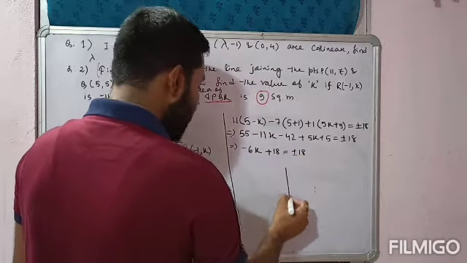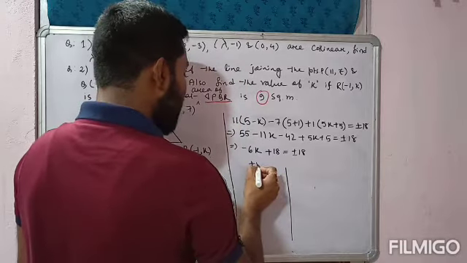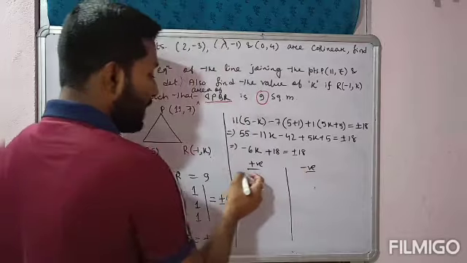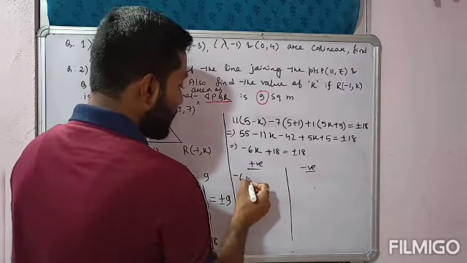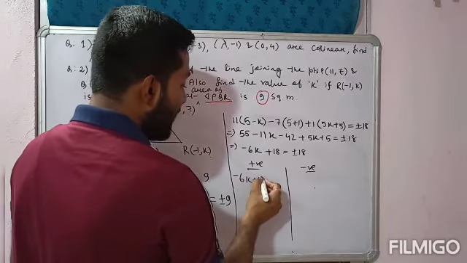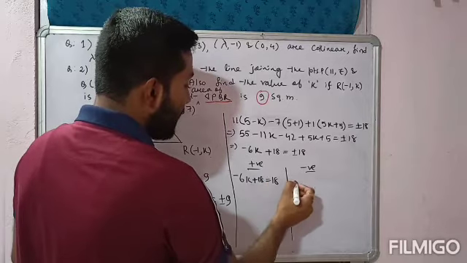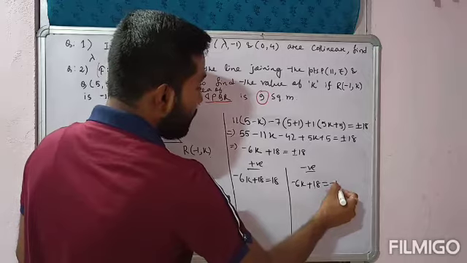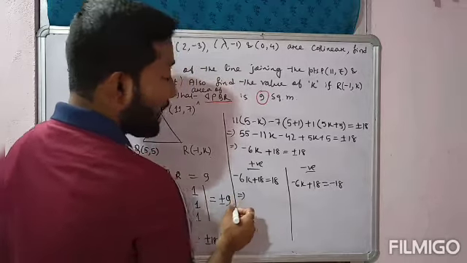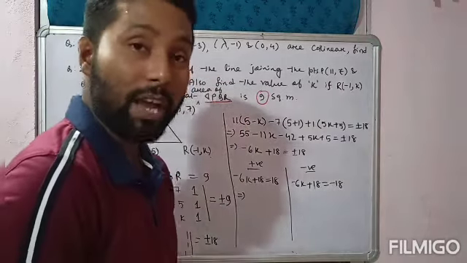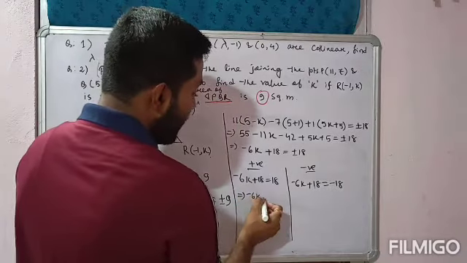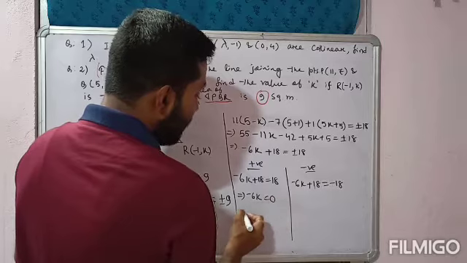Now take one positive value and then one negative value. If I take the positive value, the equation will be minus 6k plus 18 equal to 18, and again minus 6k plus 18 equal to minus 18. You cannot consider only a negative or only a positive value here. You have to take both positive and negative signs. So minus 6k, and 18 will be cancelled. This is equal to 0.